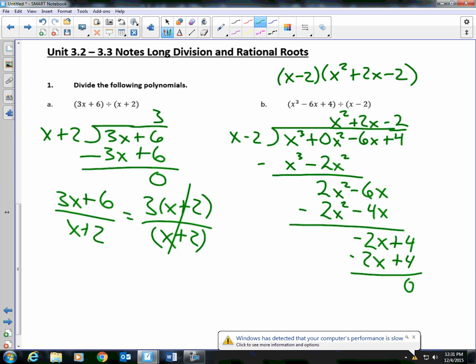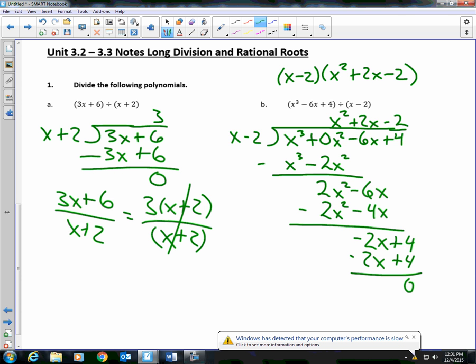If this divided by x minus 2 gives me x squared plus 2x minus 2, that means x minus 2 times x squared plus 2x minus 2 is equal to my original, right? That's what that means. So this does factor to that. Now the trinomial here does not factor. Okay, we'd be done, but we could solve this using the quadratic formula, couldn't we?